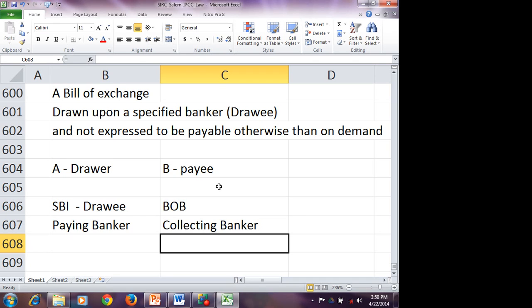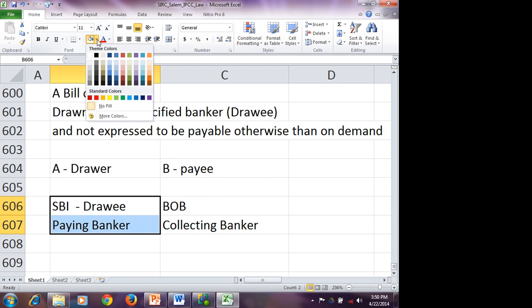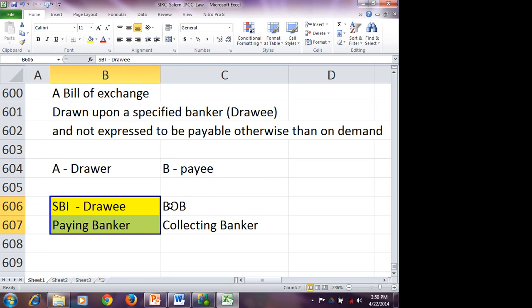Now, what is the importance of this? Drawn upon a specified banker means the drawee is always going to be the banker. Secondly, and most importantly, it is not expressed to be payable otherwise than on demand: unless the payee goes to deposit or collect the payment, no payment can be done.